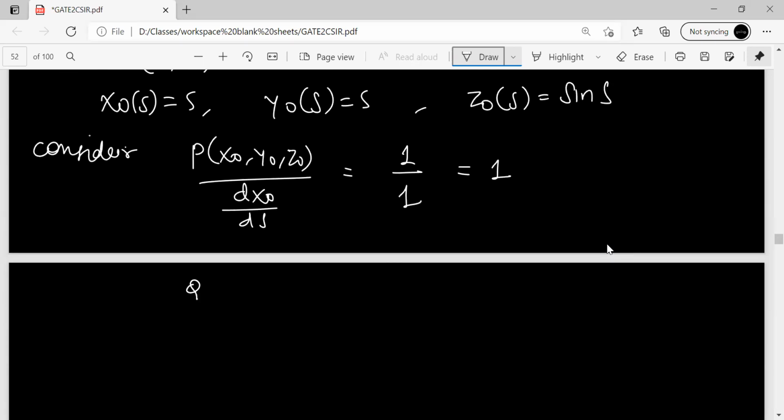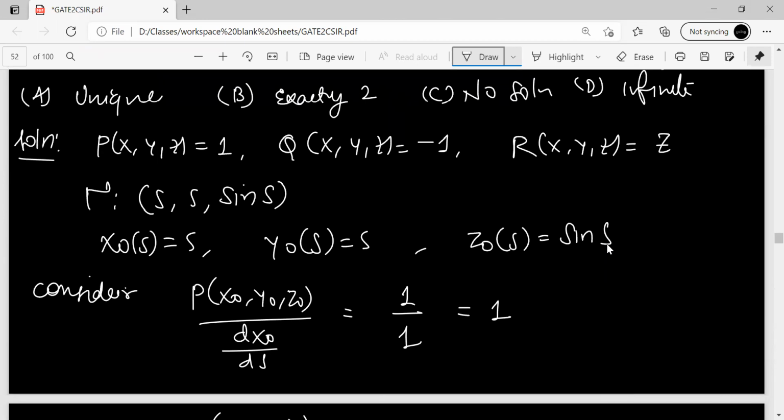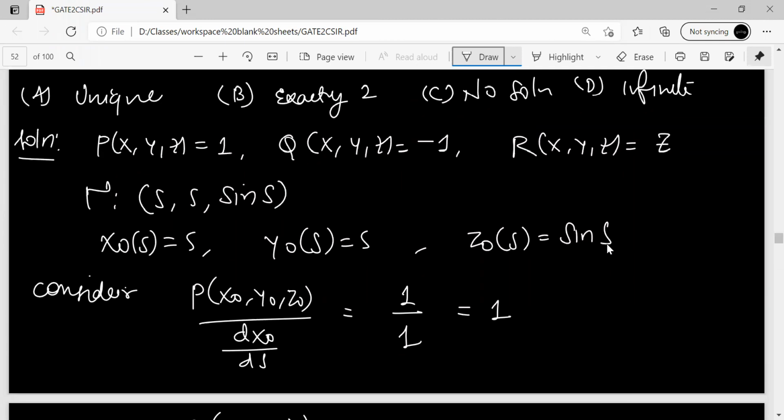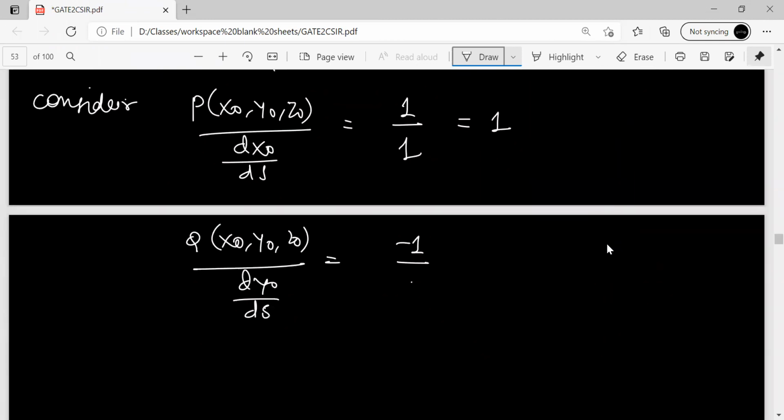Now consider q of x naught, y naught, z naught upon dy naught over ds. Q is again minus 1, and the derivative of y naught is again 1, so you get minus 1. These two ratios are not equal, so in that case you will have a unique solution.